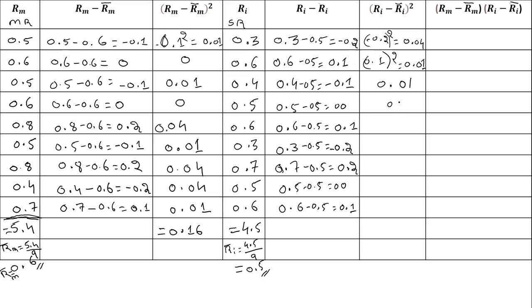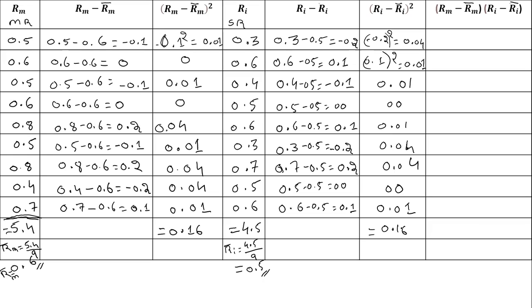Next, 0, 0, again 0.01, then 0.04, next 0.04, again, then 0, 0, then 0.01. Now after this, we will add it up. So this column will become 0.16.